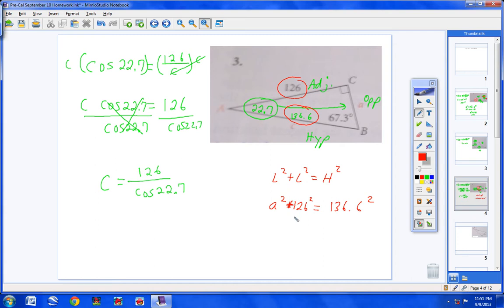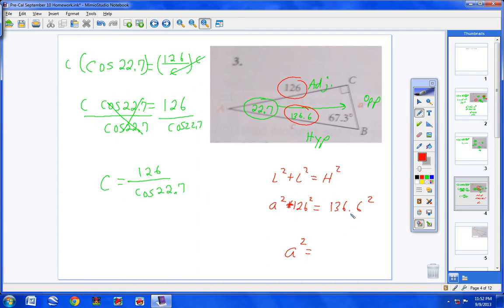Look, if I square 126 and square 136.6, I get a lot of big numbers. I'm just going to say this, okay? On your calculator, if you square 136.6, you will get 18,659.56. If you square 126, you will get 15,876.